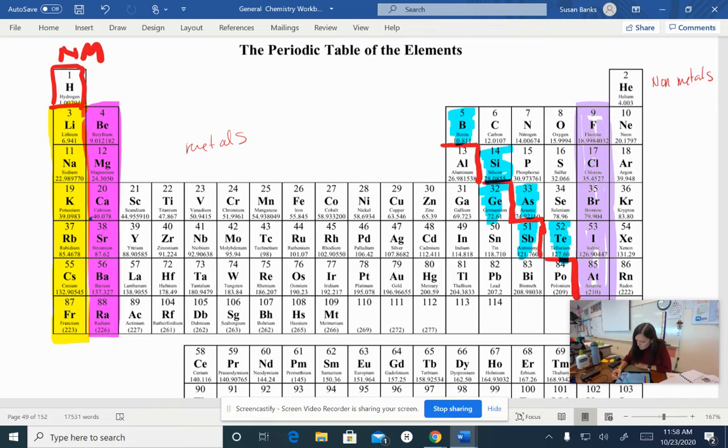And we use fluorine and chlorine quite a lot, actually, in everyday life. Fluorine we use for strengthening our teeth. Our toothpaste and our water are fortified with fluorine to strengthen our teeth enamel. Chlorine we use a lot for cleaning.